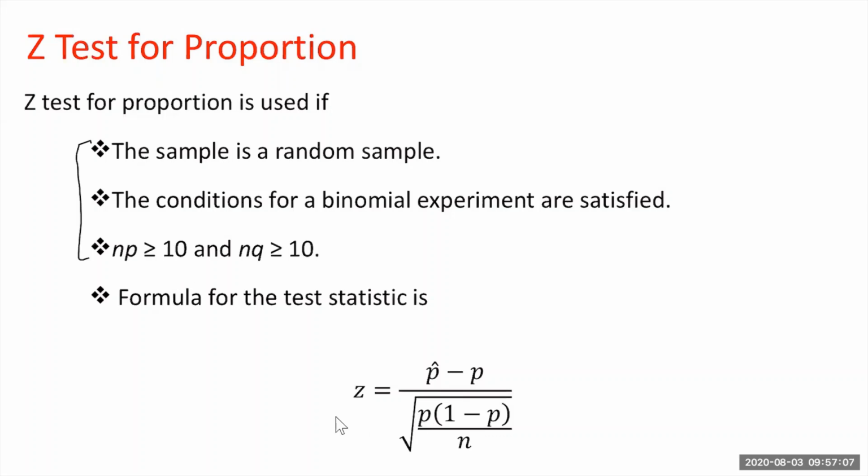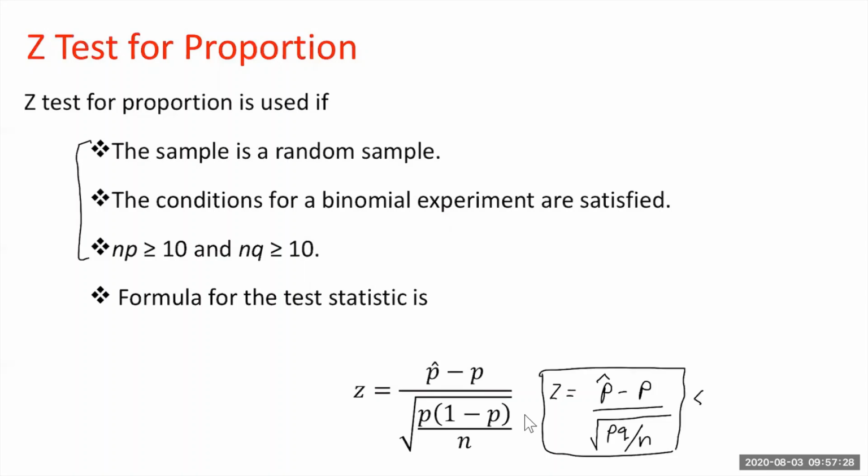We can also rewrite this formula: Z equals p hat, that is the sample proportion, minus the population proportion p, divided by the square root of p times 1 minus p, which is q, divided by n. You can also simplify and write the formula like this.